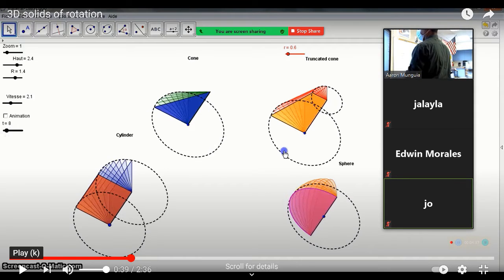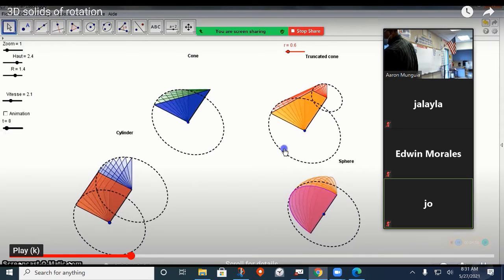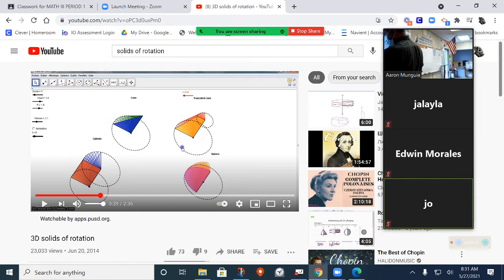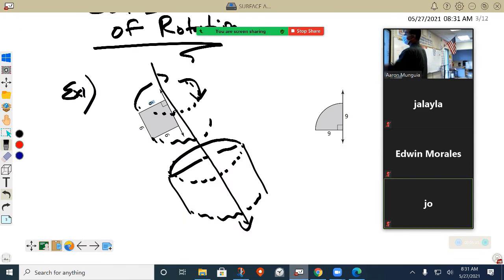The truncated cone is kind of like a trapezoid. It's actually a trapezoid being rotated along an axis. And then a cone is a triangle being rotated around an axis. So that's like the big idea of solids of rotation: you have two-dimensional figures being rotated along an axis.